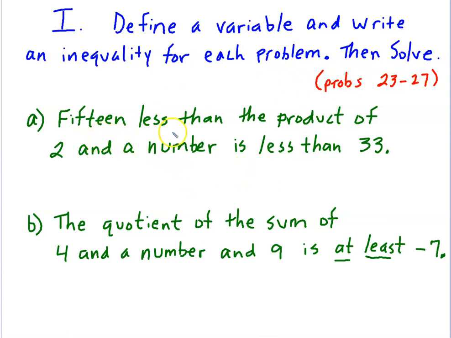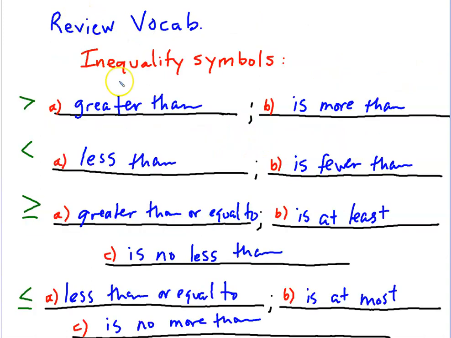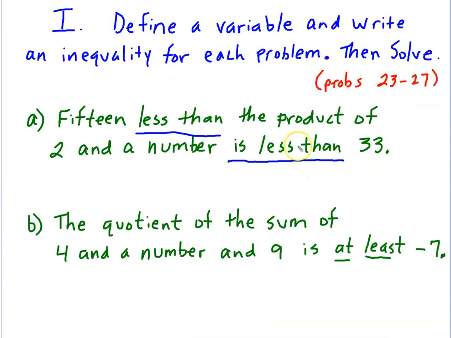So letter A says 15 less than. Less than refers to subtraction. 15 less than the product of 2 and a number is less than 33. Notice the little trick there, is less than is how we referred to, or we called it is fewer than, but notice the verb there.